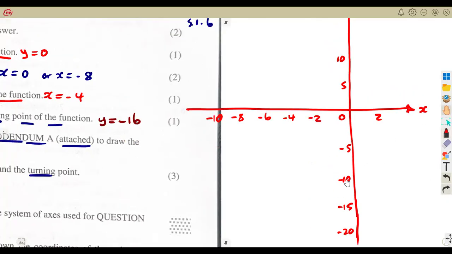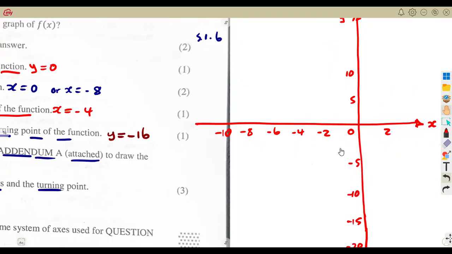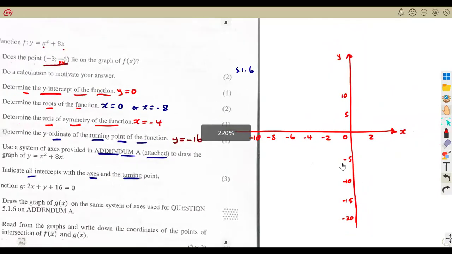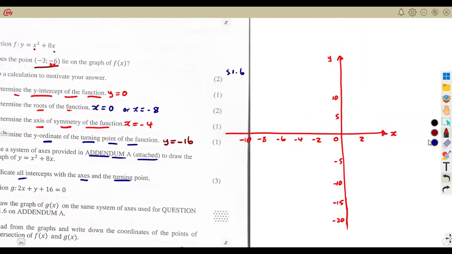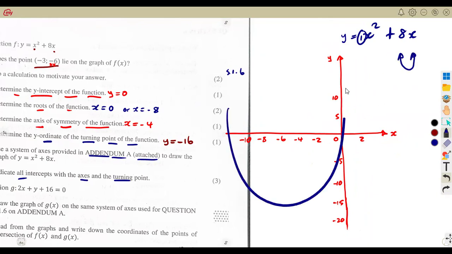Remember what is important first is the type of graph you're given. We are given y is equal to x squared plus 8x. The coefficient of x squared is positive, so this is going to be a smiley shape like this. Let's remember the roots.